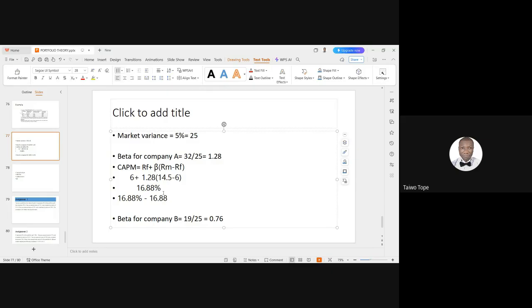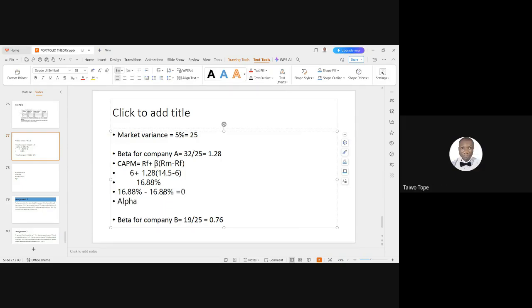The difference is 0. So your alpha will be equal to 0. The alpha is 0. All this is clear.